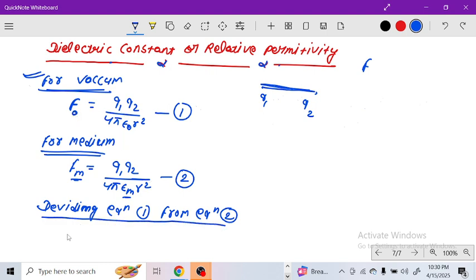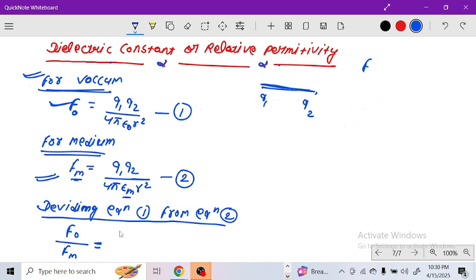F naught divided by Fm. Understood, Kavya? I am dividing equation 1 by equation 2, so F naught divided by Fm. Am I audible, Kavya? Yes, sir.